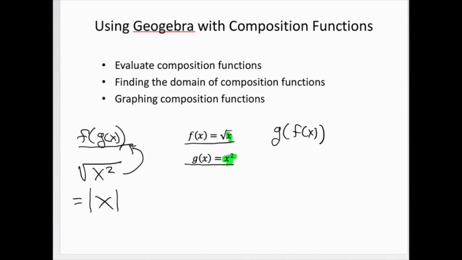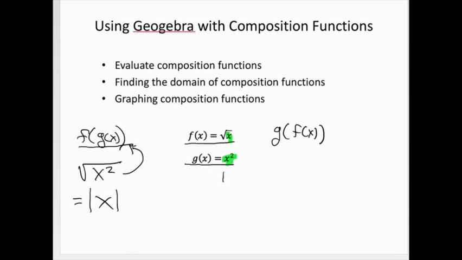And this sounds a little bit strange, but let me explain it to you if you haven't seen this before. So whatever I plug in for g, that's going to get squared. So whether I plug in a negative or a positive, it's going to come out always as positive because of the square. And then when I do the second operation with the square root, it's going to undo what I just did.